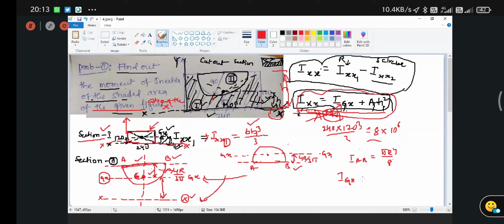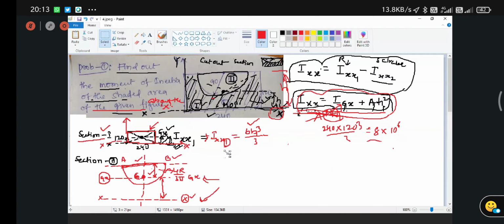Igx2 for the second figure is equal to IAB minus the area of the semicircle times the square of the distance between those two. This IAB is nothing but, for the quarter circle, pi r power 4 by 8.